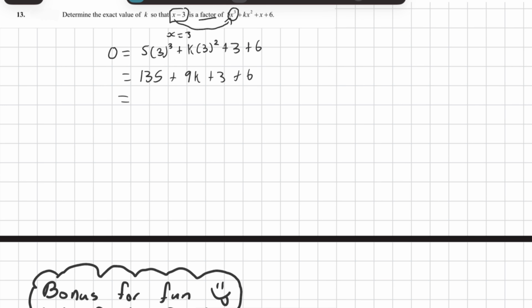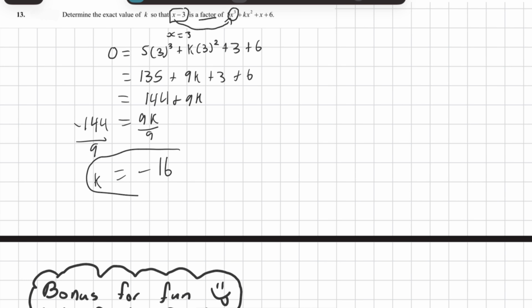So it's going to equal 135 plus 3. It's going to be 138. 138 plus 6 is 144 plus 9k. And basically, we take away 144 from each side, so negative 144 equals 9k, and then you just divide both sides by 9. So k equals negative 16, and that is your answer.